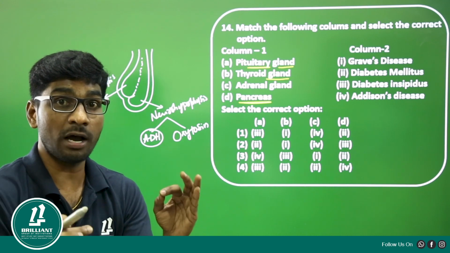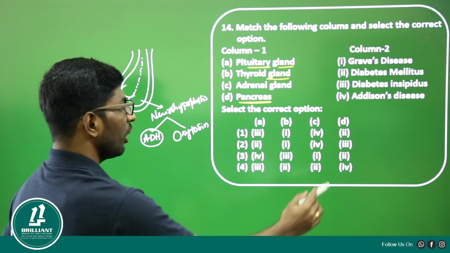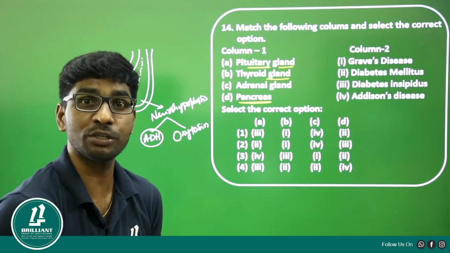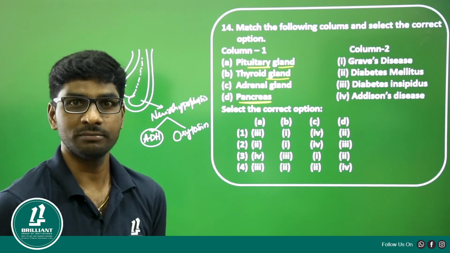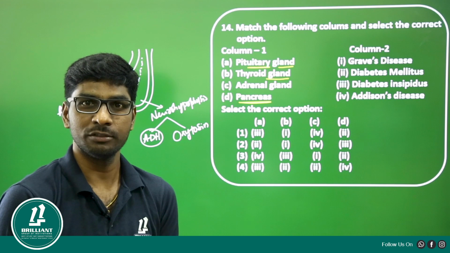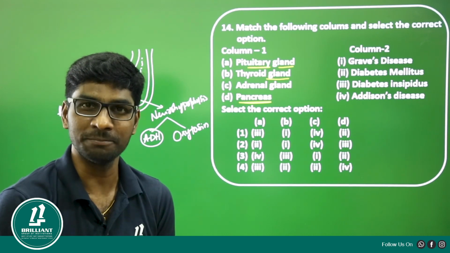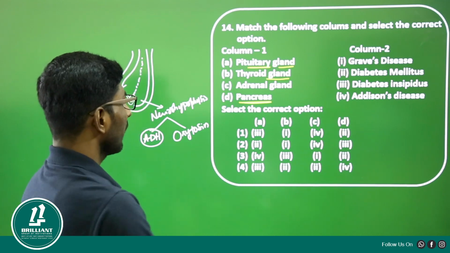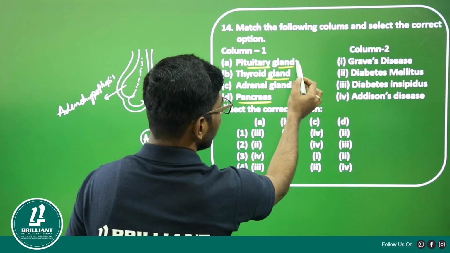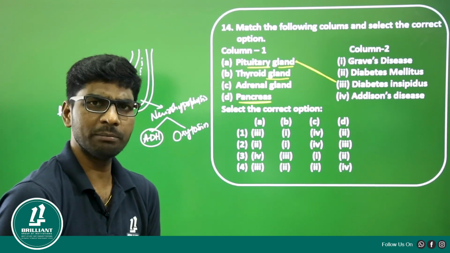When ADH hormone is less in the blood, the condition is called diabetes insipidus. No regulation of urine, no controlling of water absorption, no regulating of water absorption from the nephric tubule, especially from the DCT. Yes? So, the pituitary gland goes with diabetes insipidus.